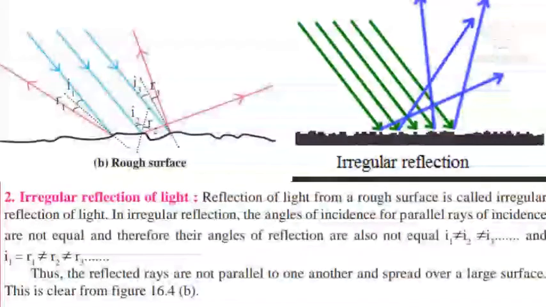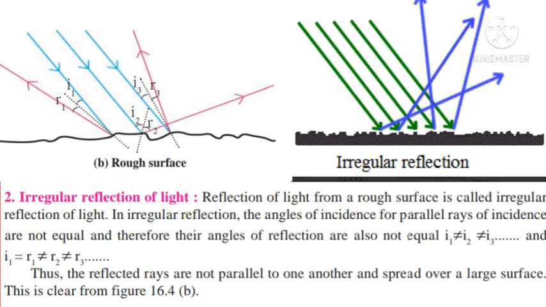Now the second one, irregular reflection of light. Reflection of light from a rough surface is called irregular reflection of light. Rough surface examples are a cement road, sandpaper, etc. In irregular reflection, the angles of incidence for parallel incident rays are not equal, and therefore the angles of reflection are also not equal.